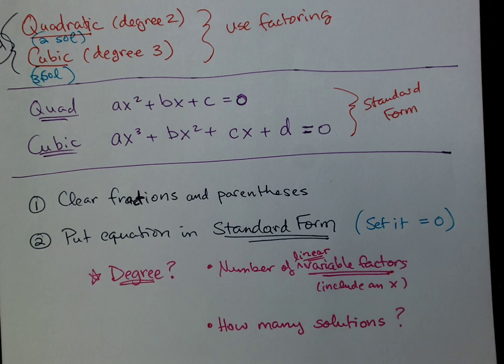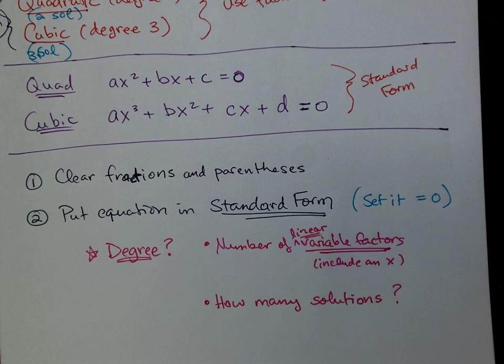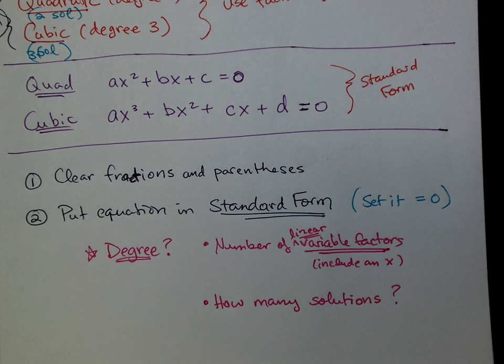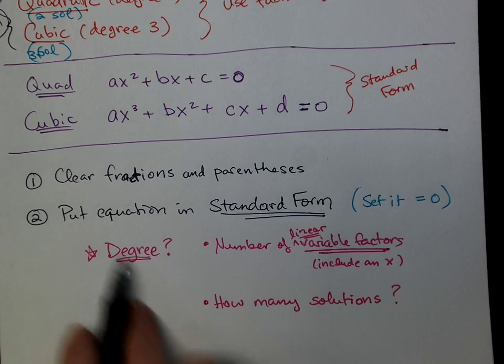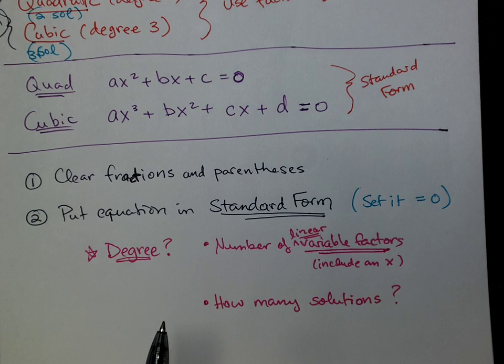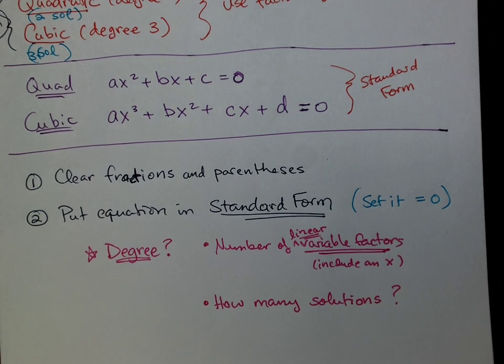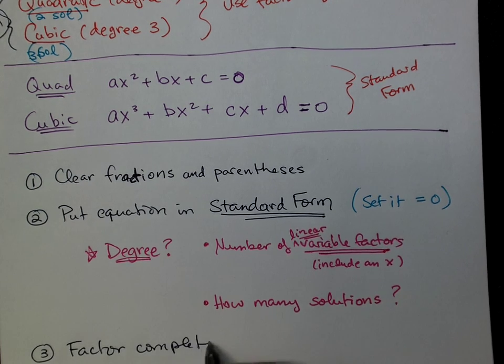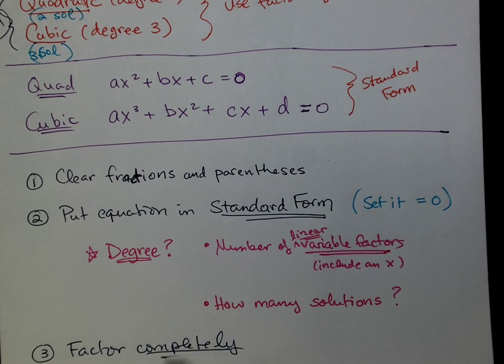That involves imaginary solutions, which we'll get to later. So the degree will tell you how many linear variable factors, which tells you how many solutions. So having made note of that, that's your expectation. That also helps you remember when you're done. So step 3 then is to factor completely.